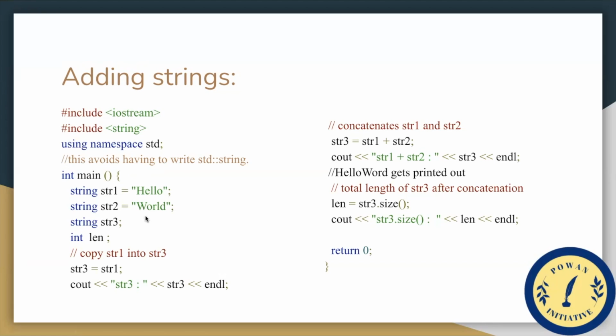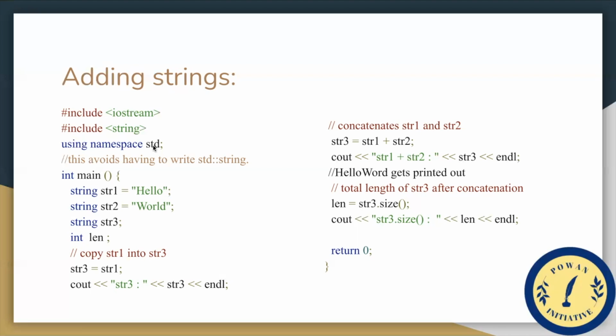Otherwise, there's a really complicated way of working with strings, where you have to put two colons and std in front every time. Just for ease's sake, you always want to have using namespace std there.